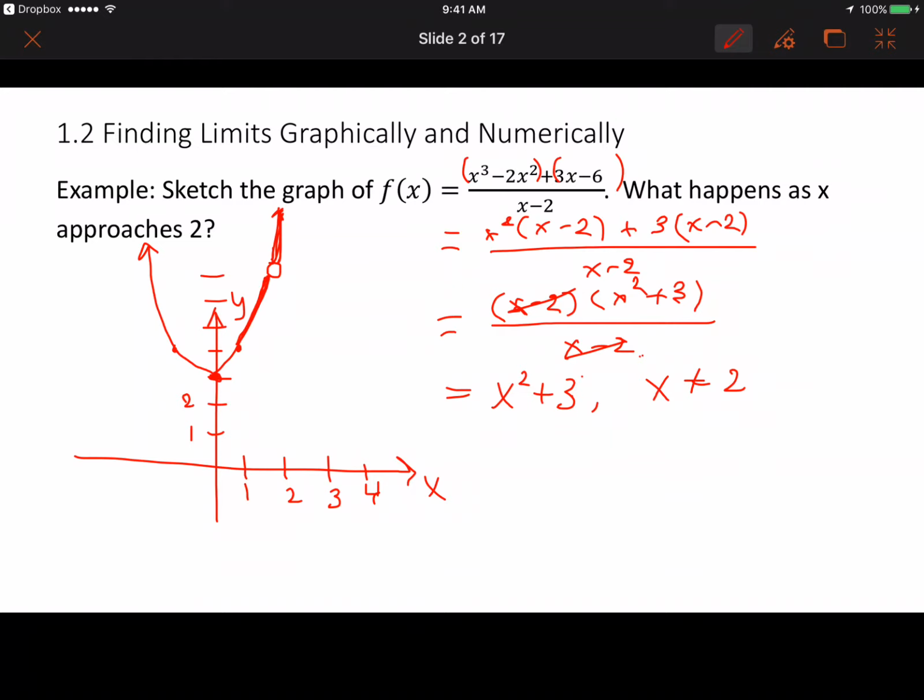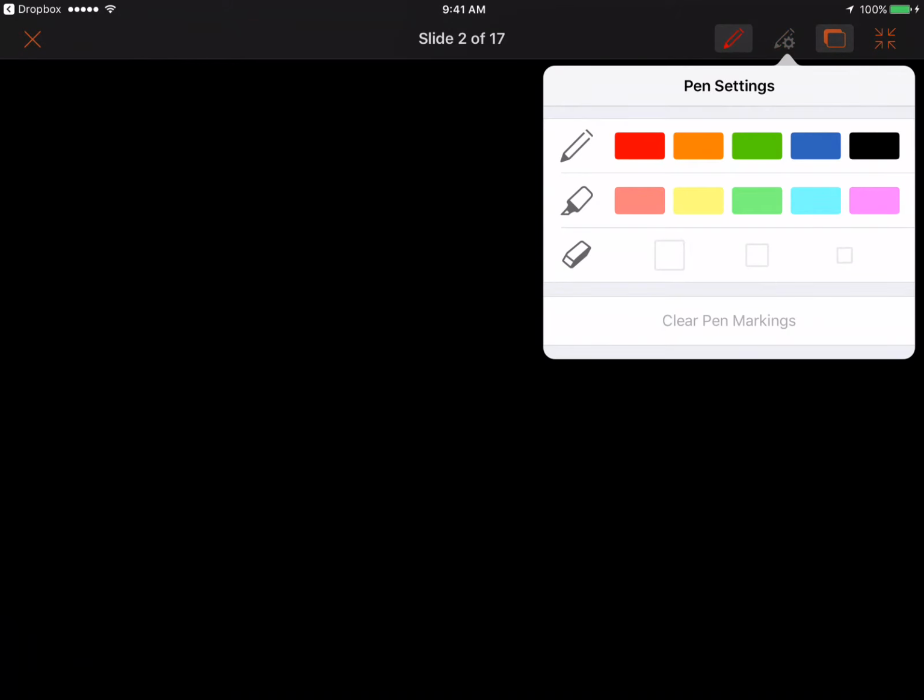Another way to see that would be to plug some points in and evaluate f at those values. So let me erase to get some space.